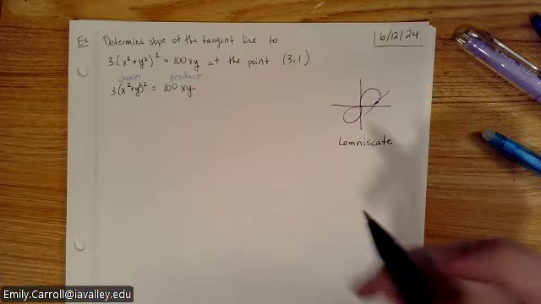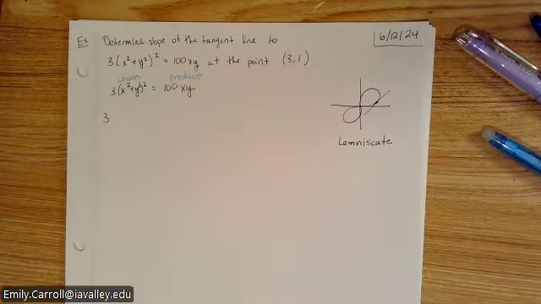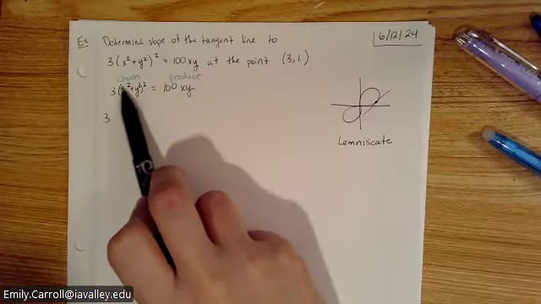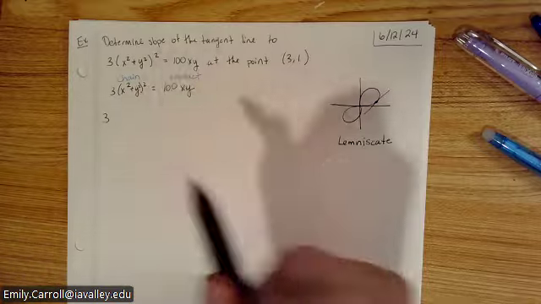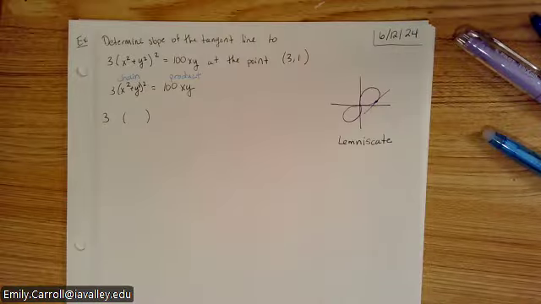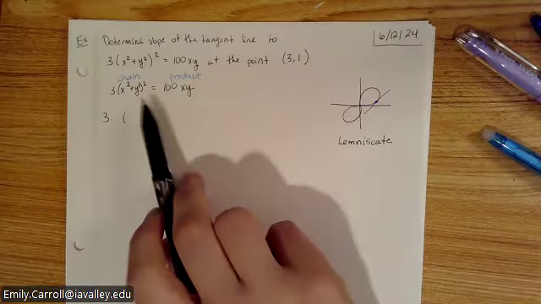Okay, so for our left side, I'm going to just have that 3 tag along. Okay, and then our outside function, we've got a bunch of stuff to a power of 2. Okay, chain rule says differentiate the outside. Okay, the outside function is something to the power of 2.